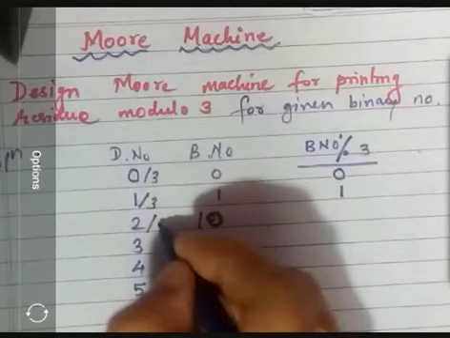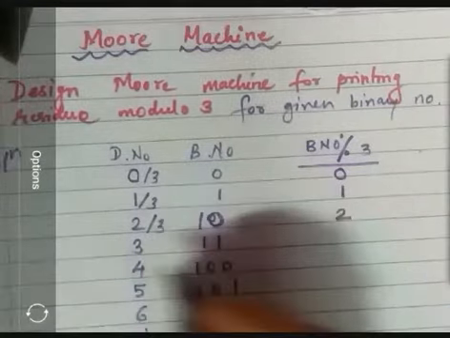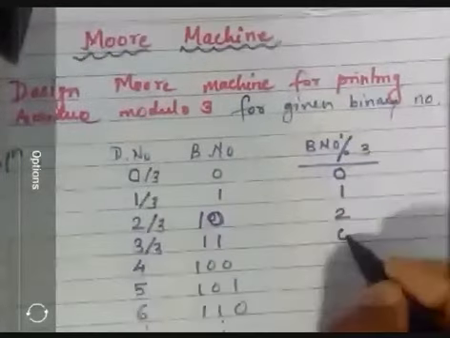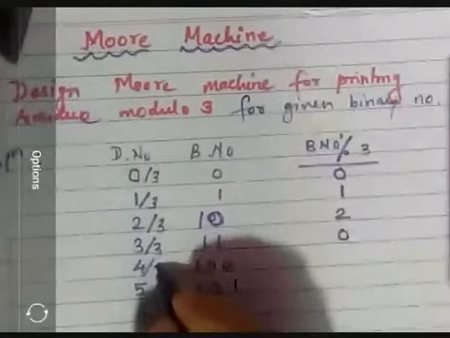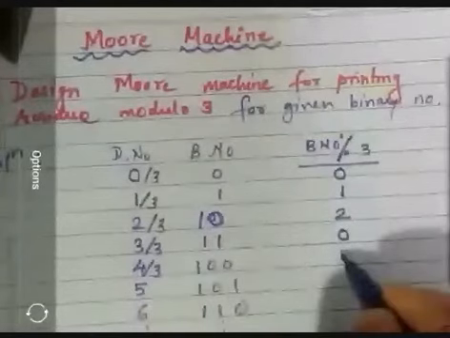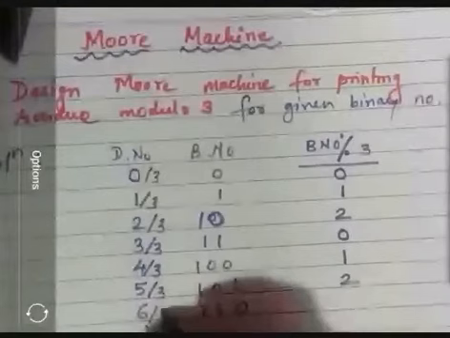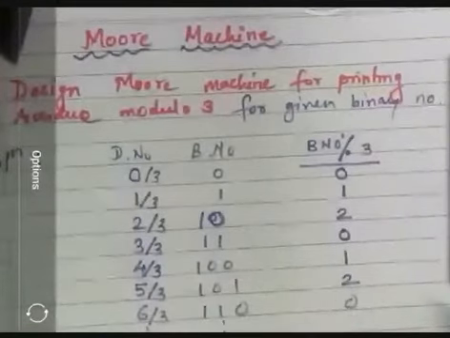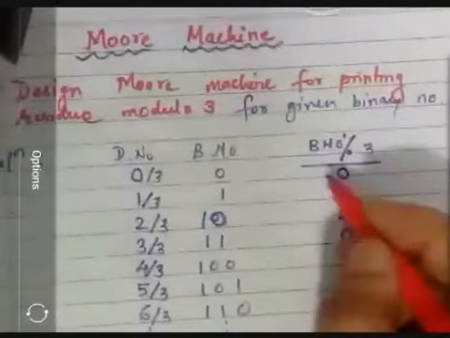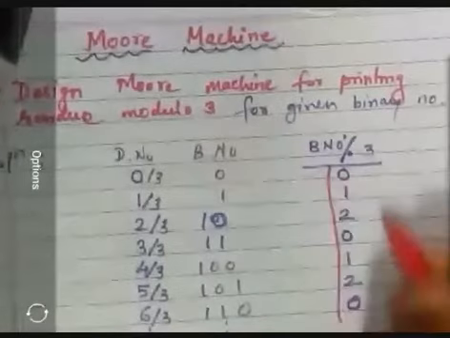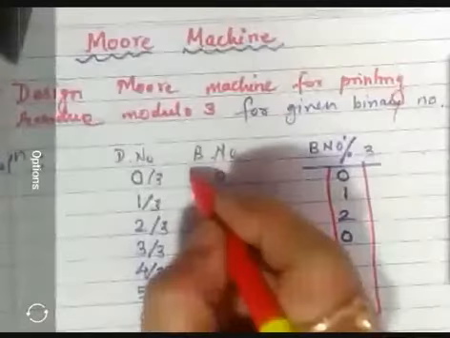When I divide 3, the remainder is 0. And when I divide 4 by 3, the remainder is 1. Similarly, here I will get 2, and here I will get 0.